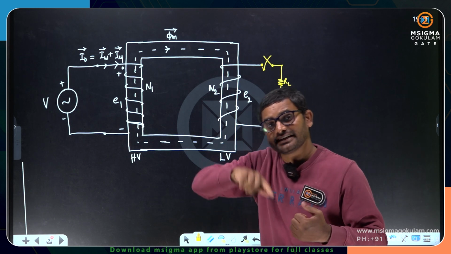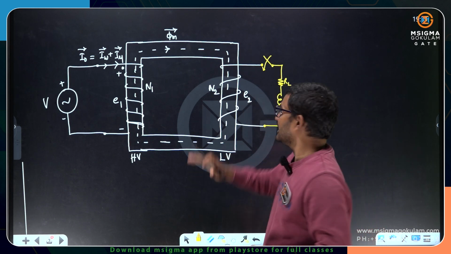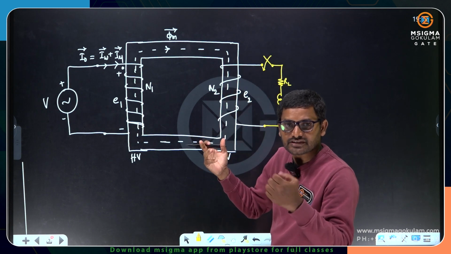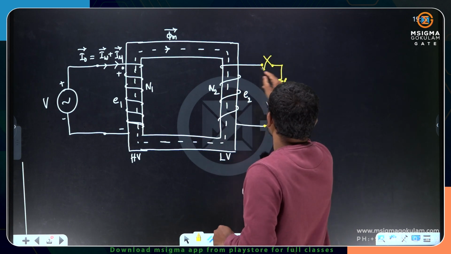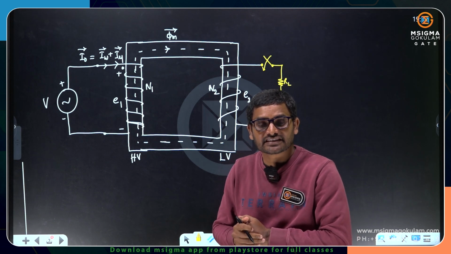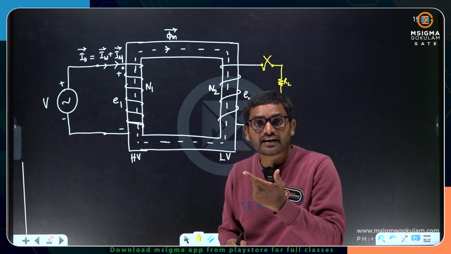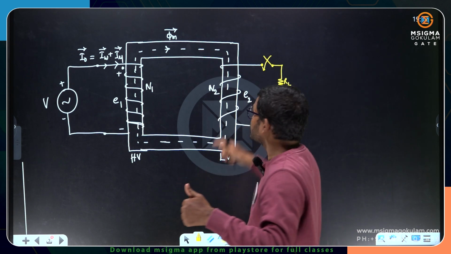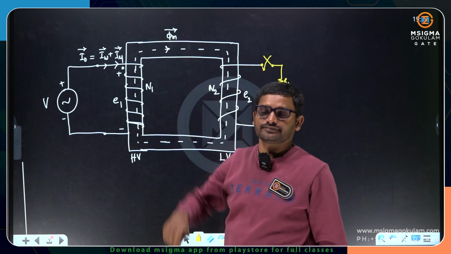The potential difference can drive the current through the closed path as long as the load is connected. If the load is not connected, there is no closed path, so no current flows. And now the current starts flowing. In which direction does the current have to flow? The direction of current is such that it should produce a flux to oppose the very cause of its production.